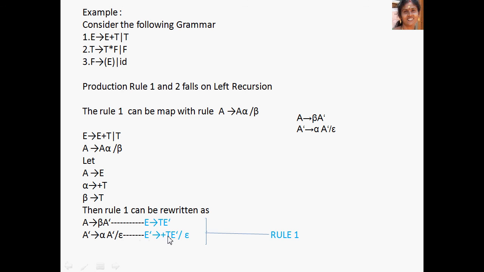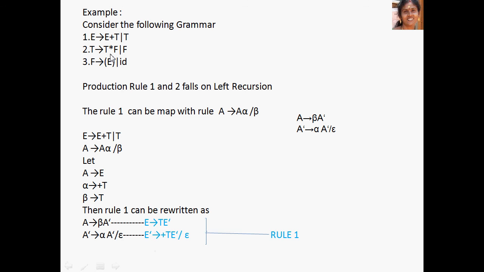Alpha is plus T, you write plus T, and for A dash you put E dash or epsilon. So the first rule, which had a left recursive problem, is changed into two rules: the E production rule and the E dash production rule.